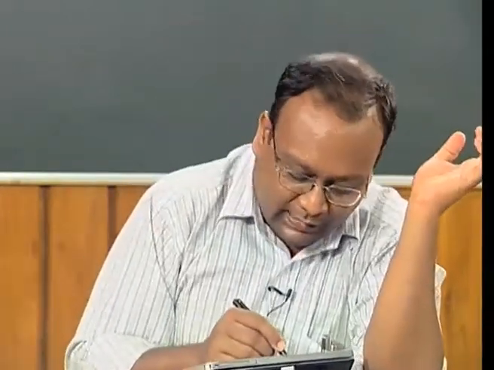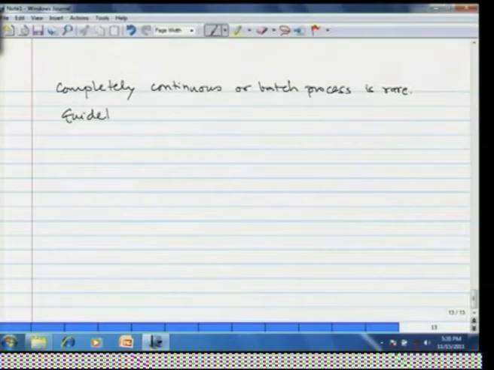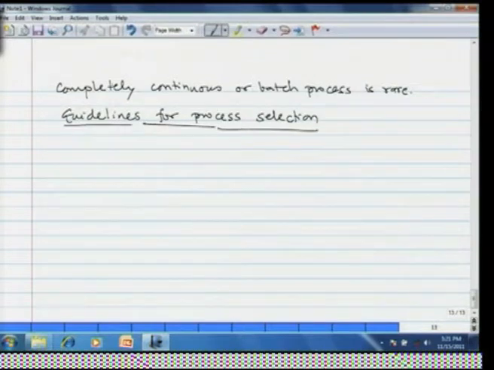Now, what are the guidelines for selection of a batch or continuous process? The first and foremost is of course the scale of production.